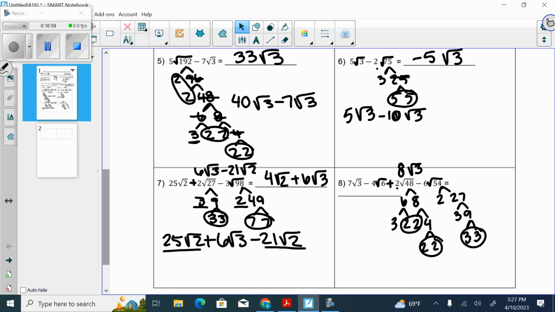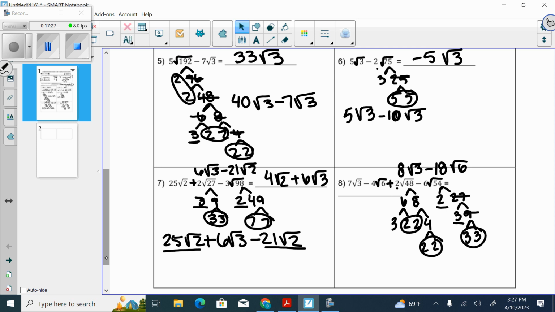All right, so I have a pair of 3's. So I get to take out a 3, and what was already on the outside? Negative 6. What's 3 times negative 6? Good. And then what was left and did not have a pair? A 2, what else? And a 3. So I have to put those back together too, right? What is 2 times 3? 6. And that goes underneath.